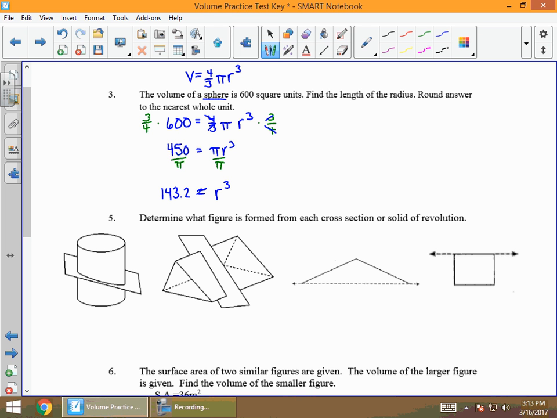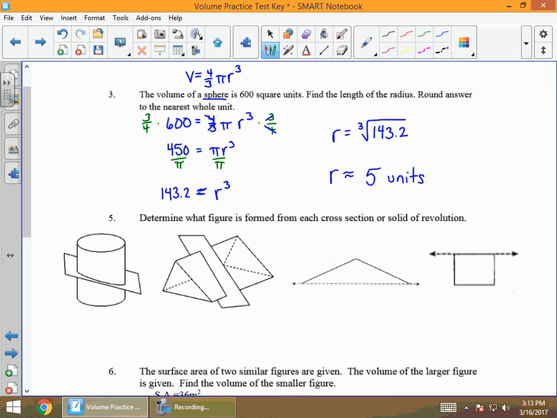That's a rough estimate from a calculator, 450 divided by pi. And then to get r by itself, r is the cube root of 143.2. And it says round to the nearest whole unit. So that is just about 5 units.